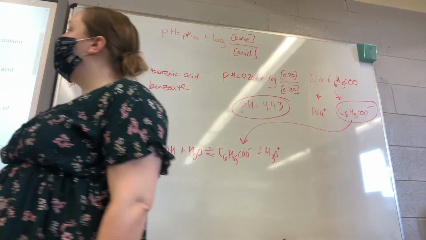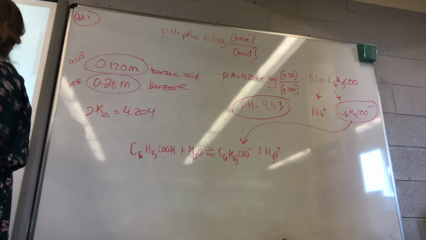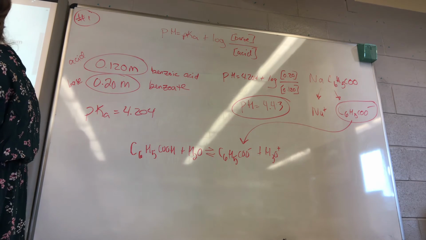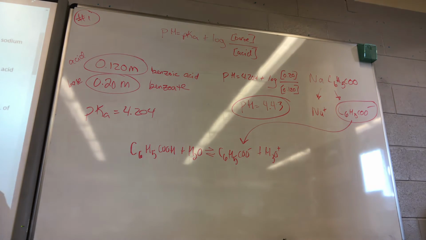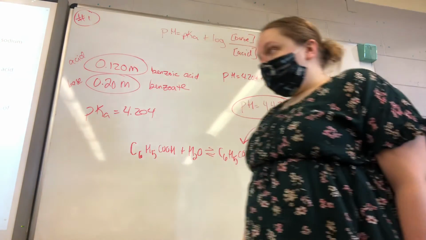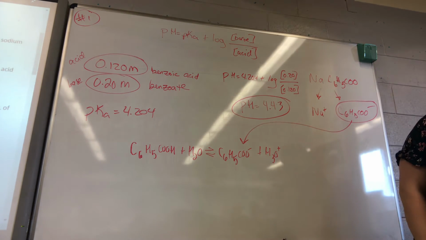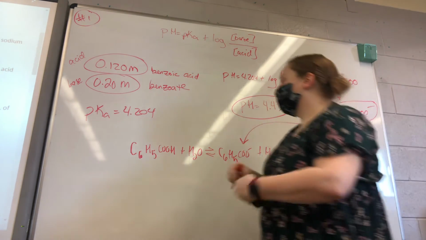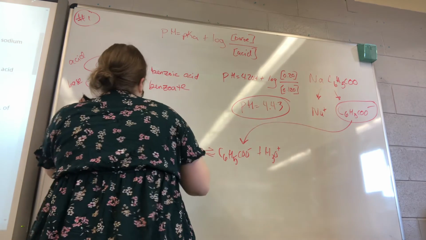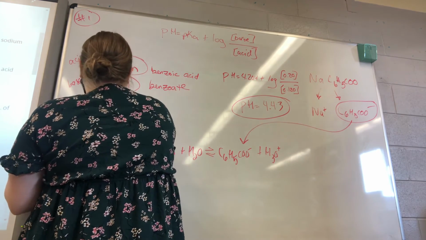All right, next up, let's do the exact same reaction. So it's the benzoate concentration that is our question instead. Oh boy. Okay. Well, our pKa is still this, right?